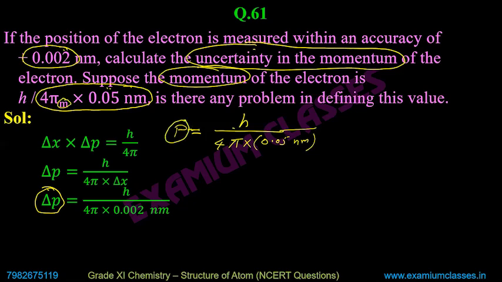Why is it less? Because 0.05 in the denominator is greater than 0.002. If the denominator is greater, it means p will be smaller and delta p will be larger.